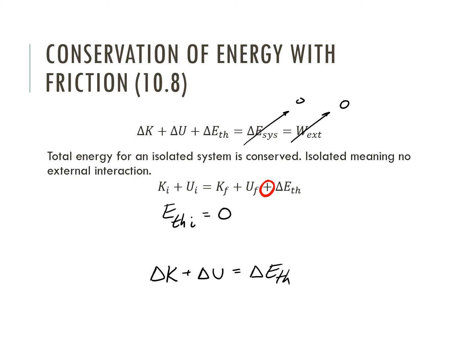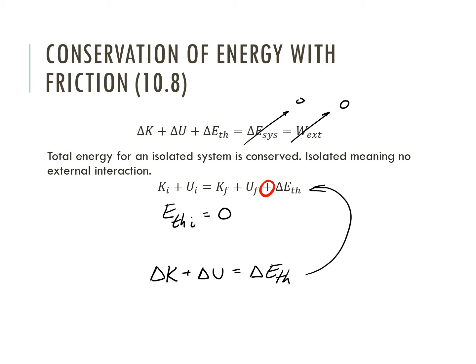So when we then separate the initial and the final, it goes back to this equation here. So it's initial kinetic energy plus initial potential energy is equal to final kinetic energy plus final potential energy plus any thermal energy that is generated.